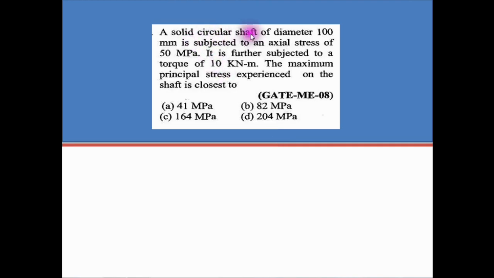A solid circular shaft of diameter 100 mm is subjected to an axial stress of 50 megapascal. It is further subjected to a torque of 10 kN. The maximum principal stress experienced on the shaft is closest to. That means here the shaft is subjected to an axial stress sigma x and a torque which causes a shear stress tau xy.